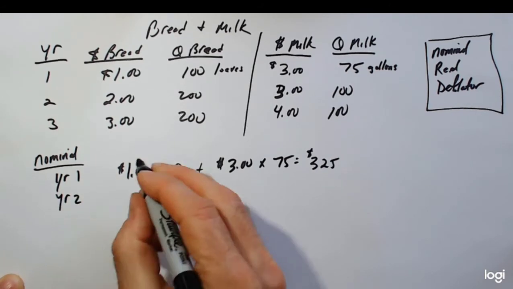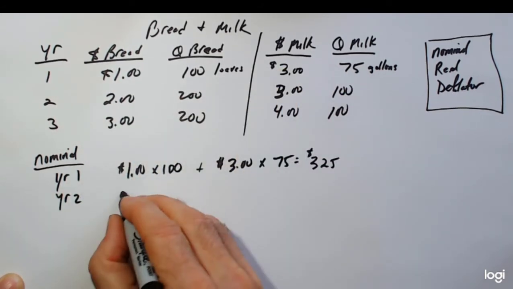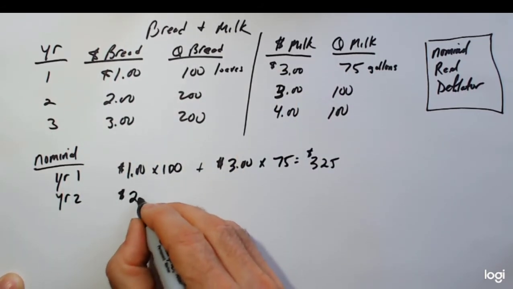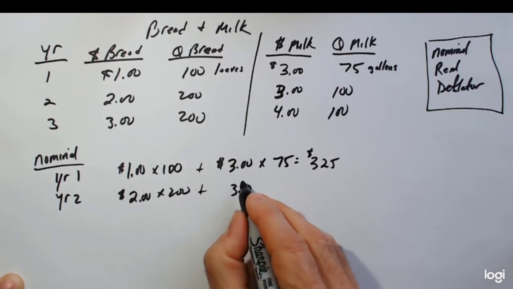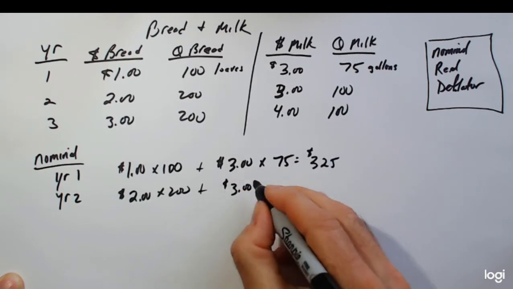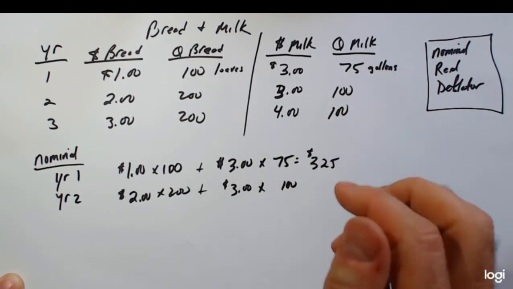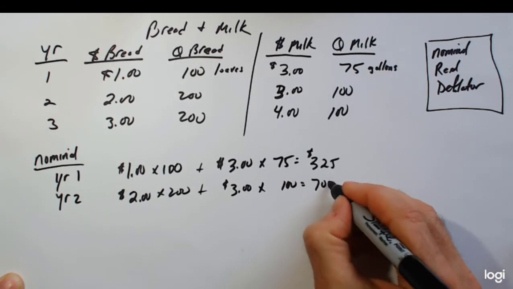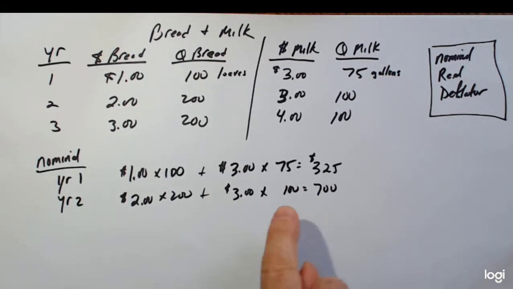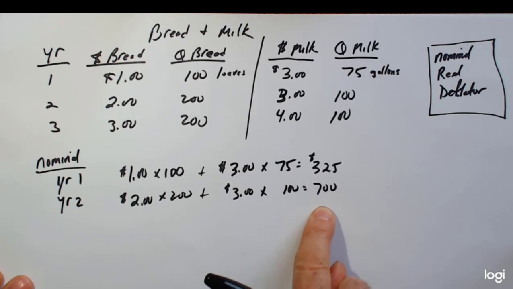Then in year 2, it's the same calculation. It's going to be $2 times 200 loaves plus $3. The price of milk hasn't changed in this case, but the quantity has changed. And so here we have now nominal GDP in year 2 at $700.